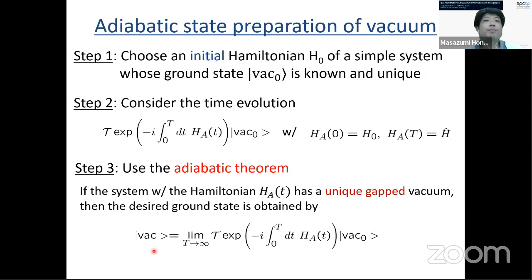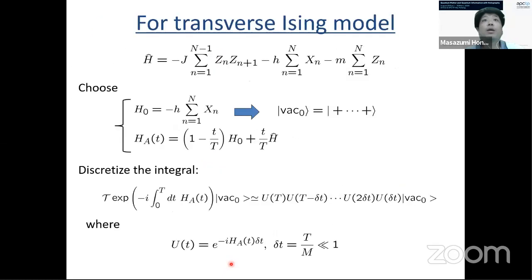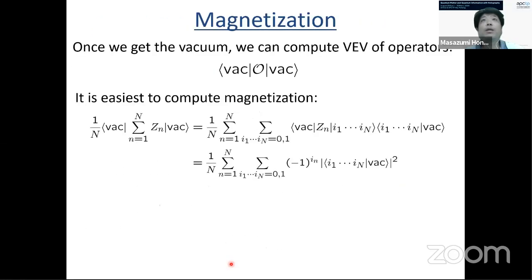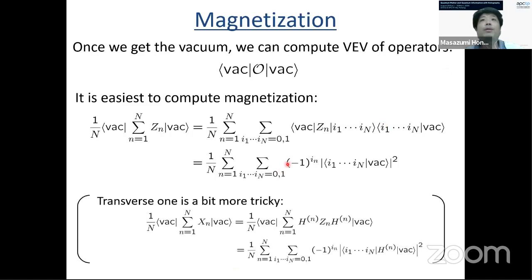I will apply this algorithm to the Schwinger model today. Once we obtain the vacuum, we can compute the expectation value of magnetization by combining probabilities of each basis in the vacuum.